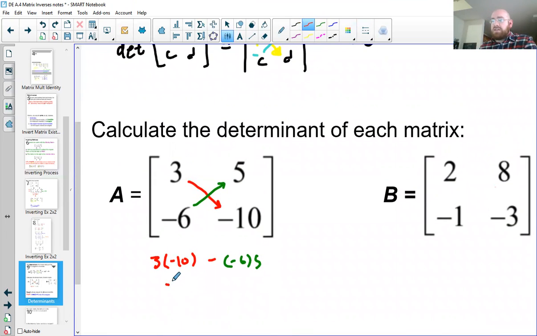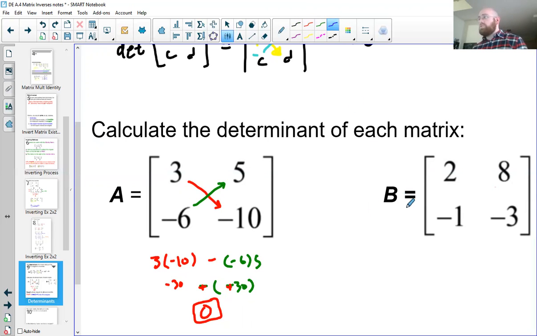Three times negative 10 is negative 30. Negative 6 times 5 is negative 30. But remember, we're subtracting this. So negative 30 plus 30 is going to give us 0 as the determinant.